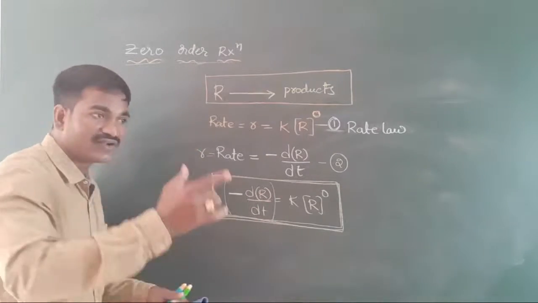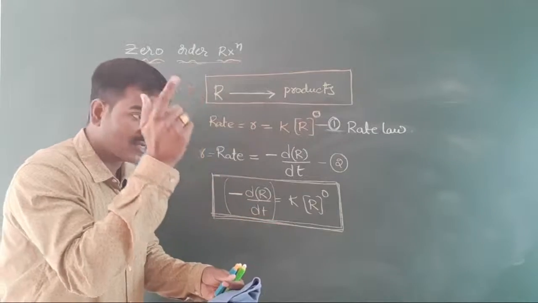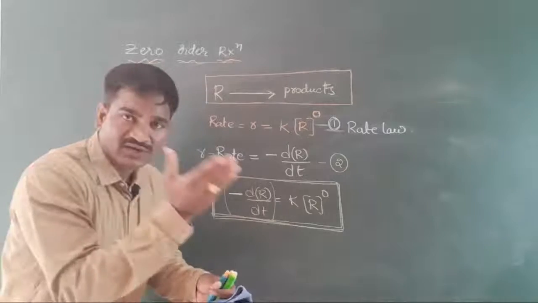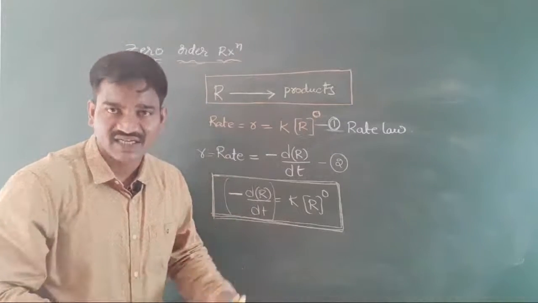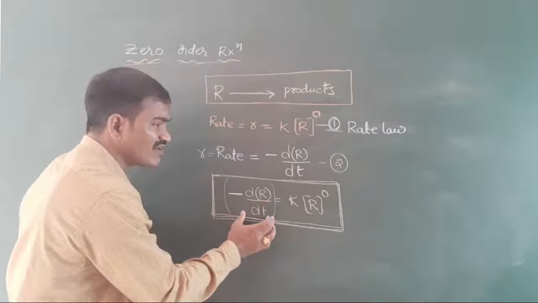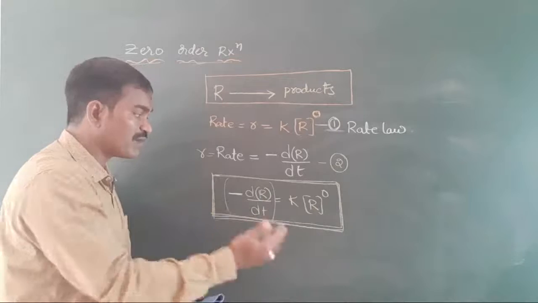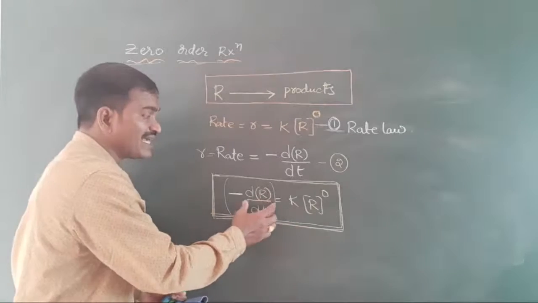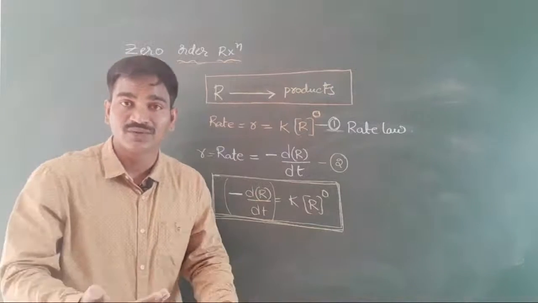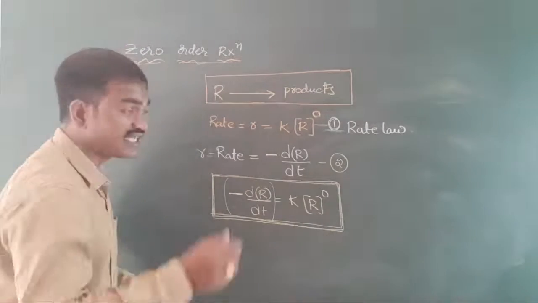If you want to calculate it, you need to plot a tangent, and the slope of the tangent gives dR by dt. Calculating a tangent is a little bit difficult. So we should not use this differential equation, because calculating this value gives some trouble and is not always possible. Instead of using differential equations, we are going to use integrated equations.